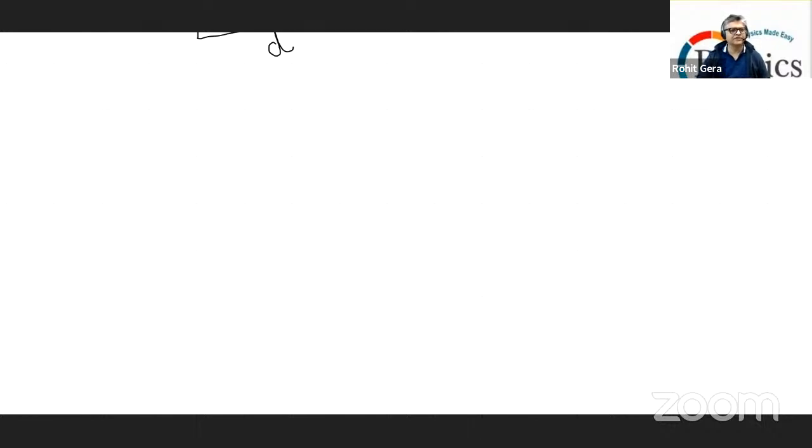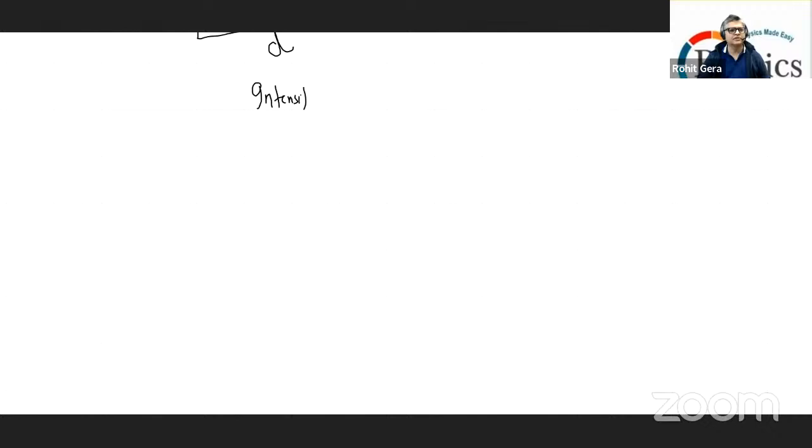Intensity of a gravitational field. Okay. So if you have, for example, a bigger mass and a smaller mass here.